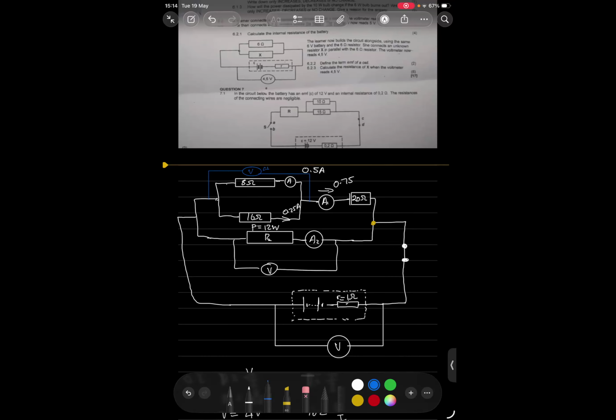So can we get the voltage across this guy here? Can we get the voltage across that guy?